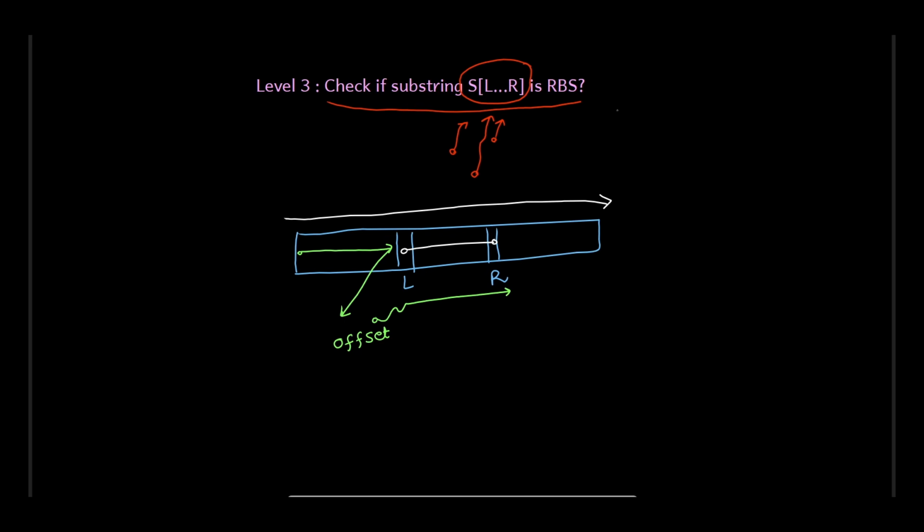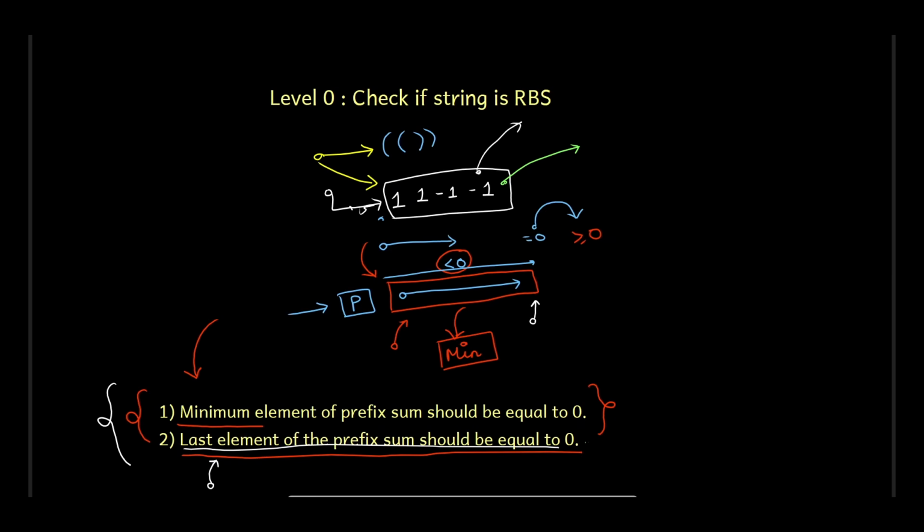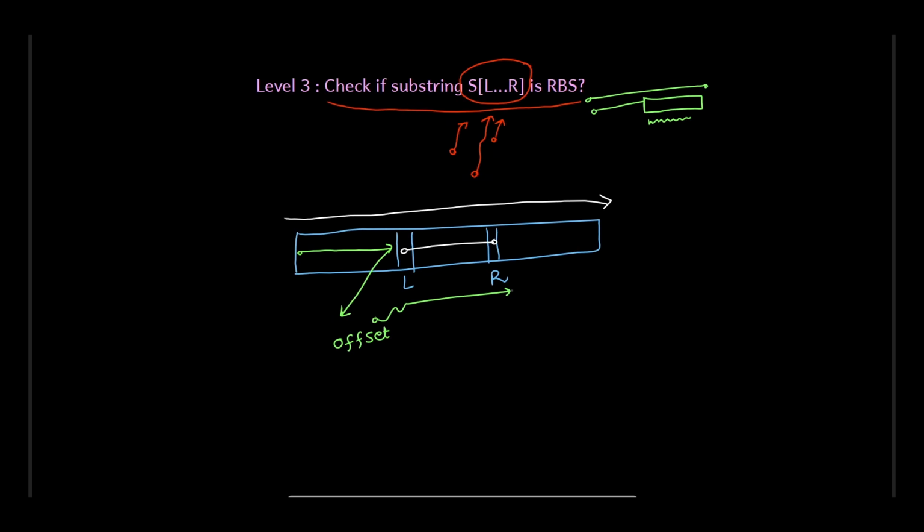And that is how you know that trick that if you want to compute the subarray sum, you first compute the big sum, which is the prefix sum at this index, and then you compute this offset and you subtract it so that you get the subarray sum over here. So if the last condition says that the last element of the prefix sum should be equal to 0, here you can say that the last element of the prefix sum should be equal to 0, but every number will be incremented by offset.